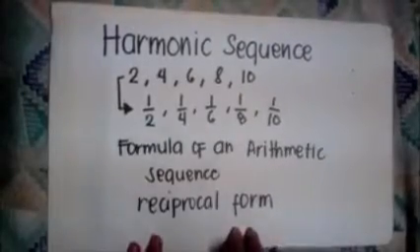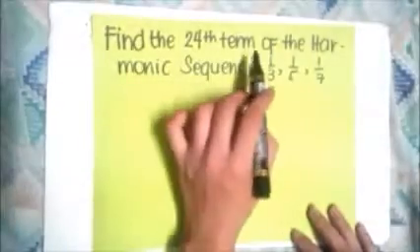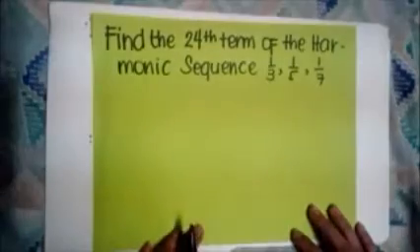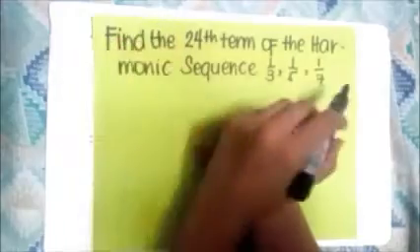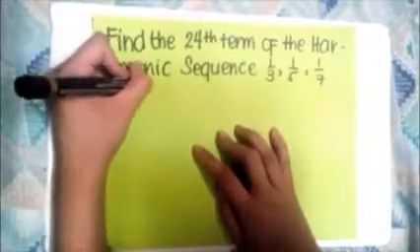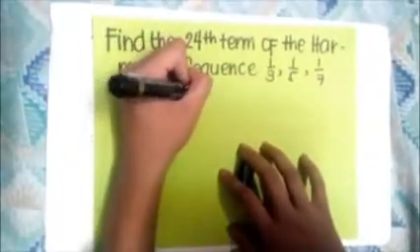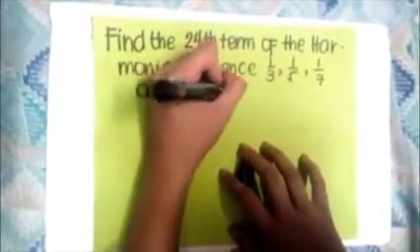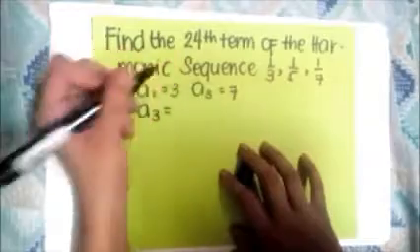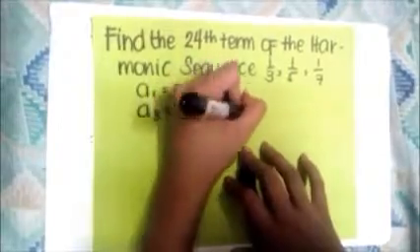So, let's have an example. Now, let's answer this problem. Find the 24th term of the harmonic sequence 1/3, 1/5, 1/7. So, let's have first the arithmetic sequence. So, we have to get the reciprocal of this. So, a sub 1 must be 3 and a sub 3 must be equal to 7. So, we have a sub 3 is equal to a sub 1 plus (n minus 1) times d.